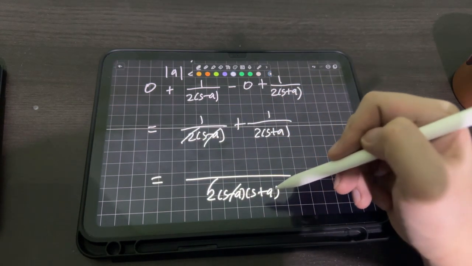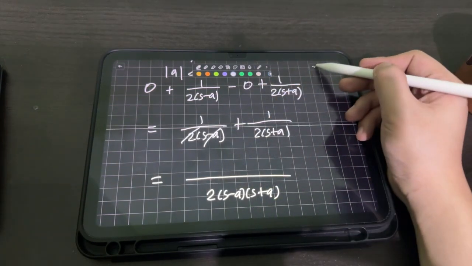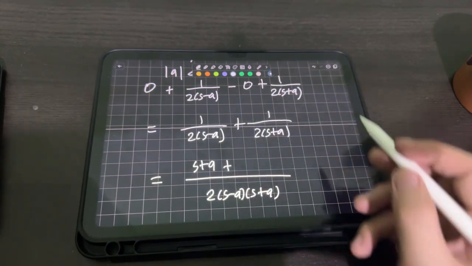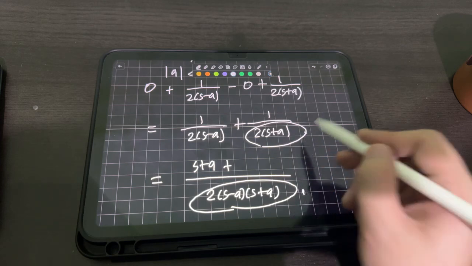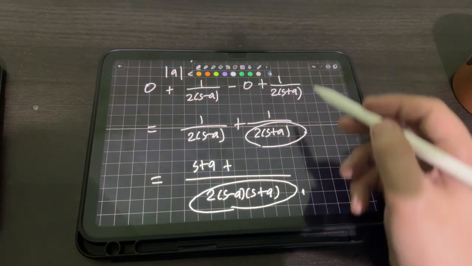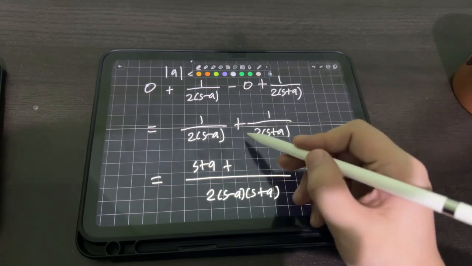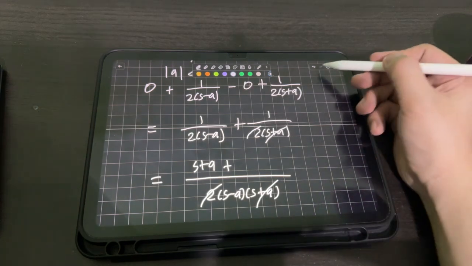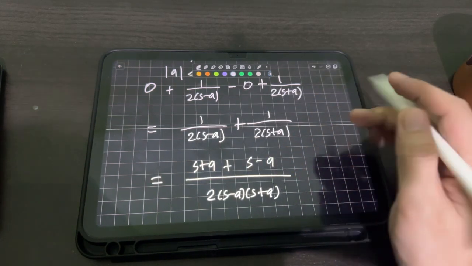You are left with s plus a times the numerator 1, s plus a, right? Then plus, doing the same on the second fraction, divide the LCD by the denominator, 2 times s plus a. So you will cancel 2 times s plus a. You are left with s minus a, then times the numerator 1, s minus a.